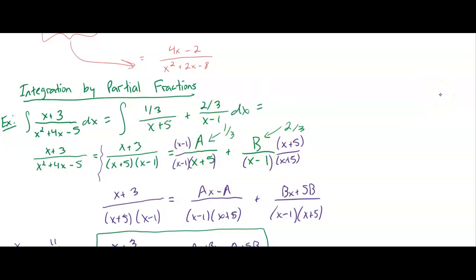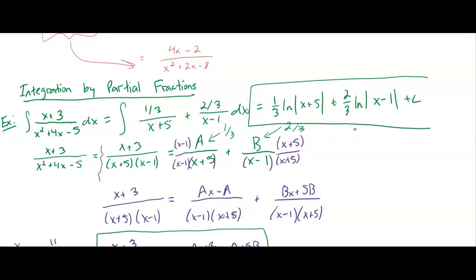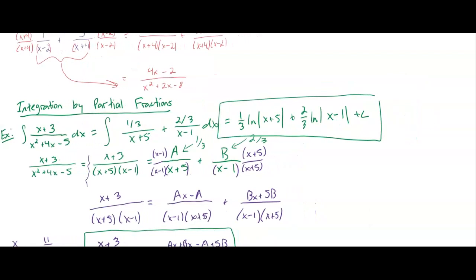And that gives me, all right, 1/3 ln absolute value x plus 5 plus 2/3 ln absolute value x minus 1 plus a C. Now, sometimes we can plug and smash these, sometimes we can't, but I know that's long. That is what this thing integrates to.